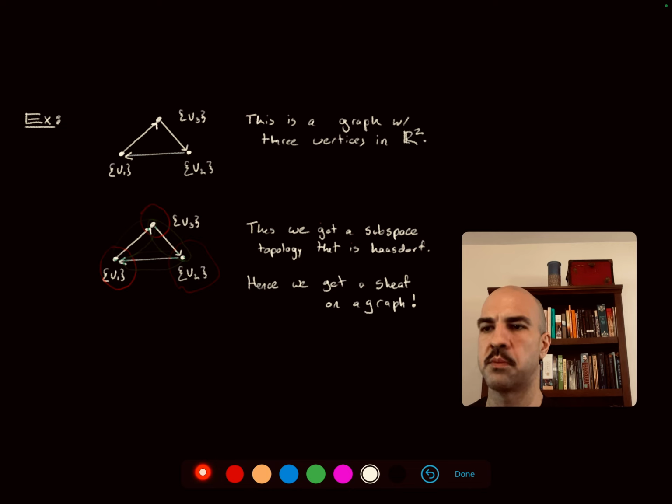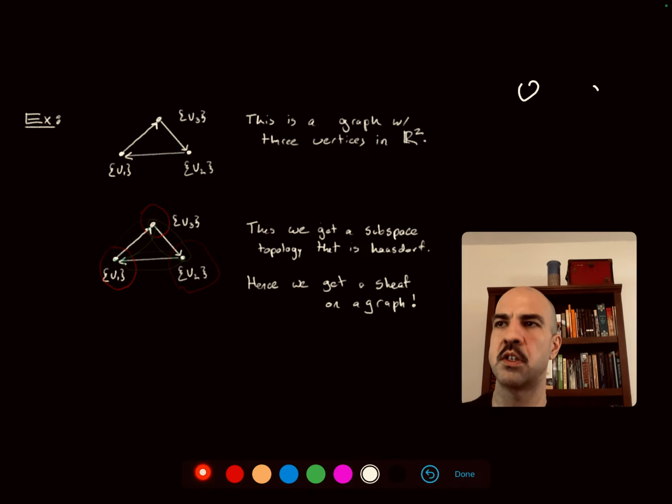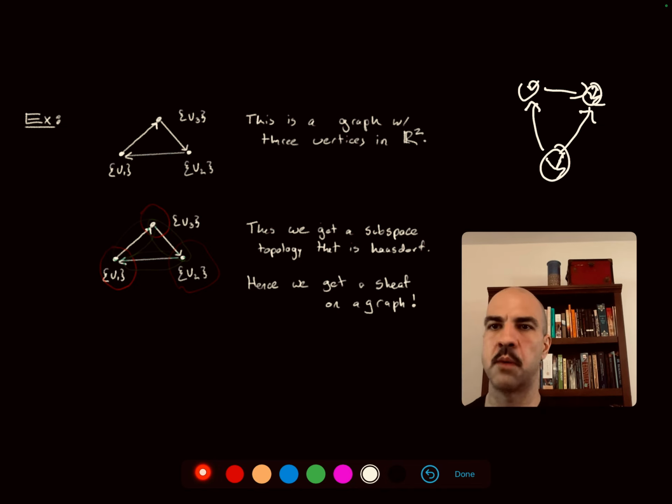Another good example that comes up is we want to look at a graph, and our graph will have these nodes, V1, V2, and V3, and there's some connection between them. Well, what we can do is embed this space in R2 or R3 and then look at these vertices as just points.